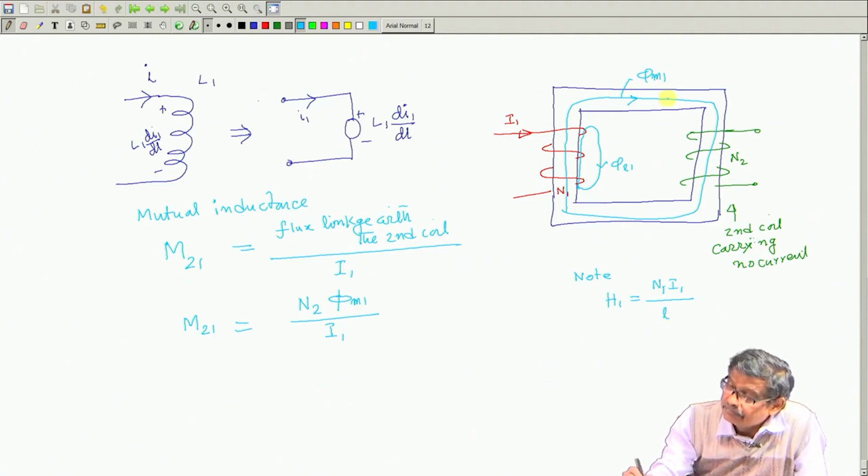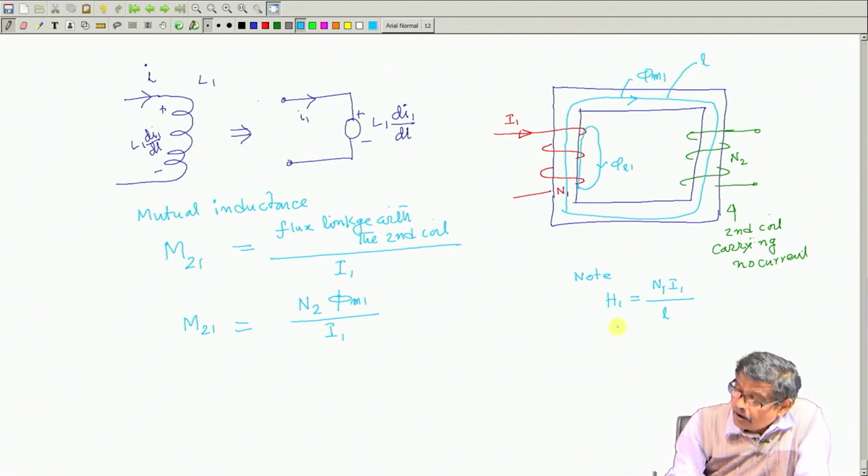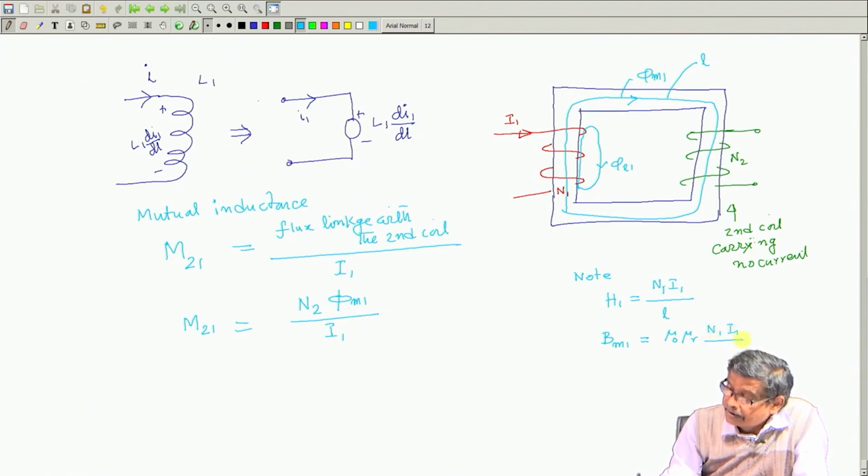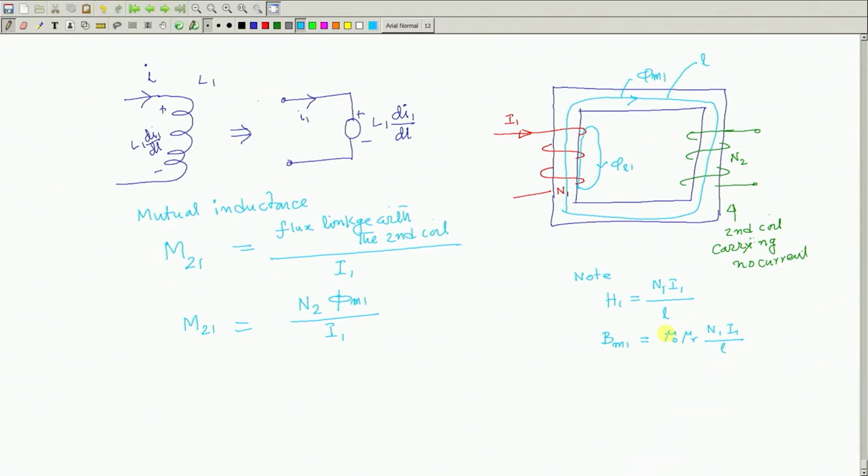L is the length of this flux path, average length of the flux path. We know this H1. How much will be Bm1? It will be mu 0 mu r into N1 I1 by L. L is the length of the mutual flux path. So, this will be this.